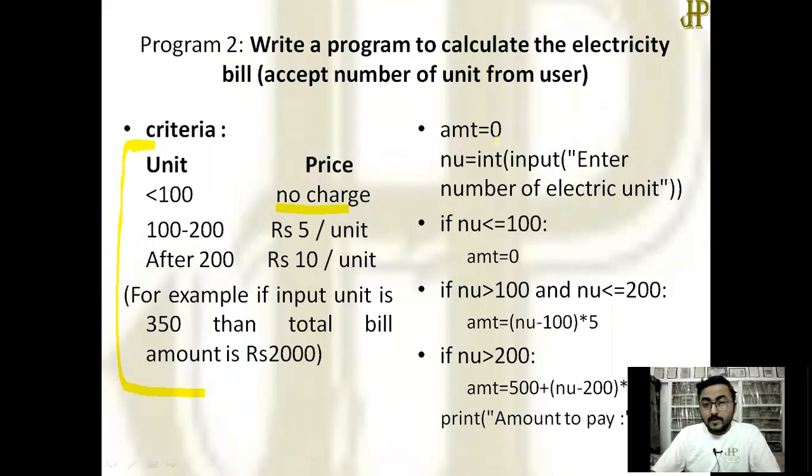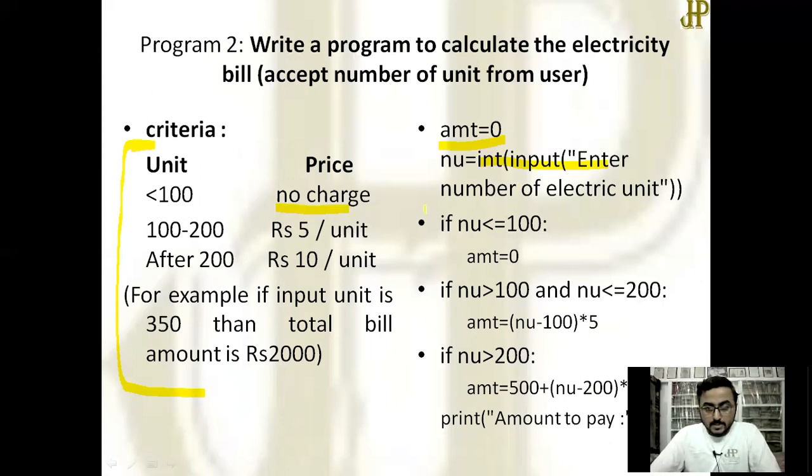So what is to be done? I have given a variable amount. Now I'm going to ask how many electric units you have consumed. So the same logic, input method is used, and whatever value is entered by the user should be converted into an integer, and then the value is given to a particular variable.